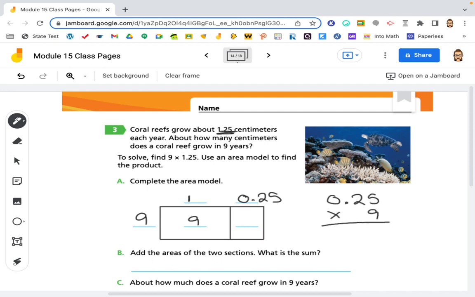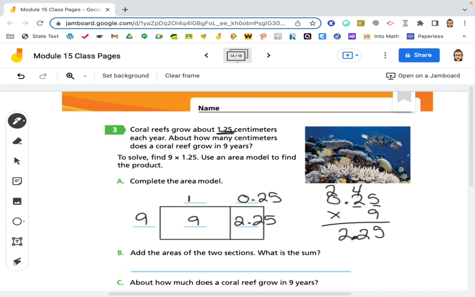So 9 times 5 is 45. 9 times 2 is 18, plus 4 is 22. 9 times 0 is 0, plus 2 is 2. We have 2 place values of decimal points. So I have to have 2 place values of decimal point.